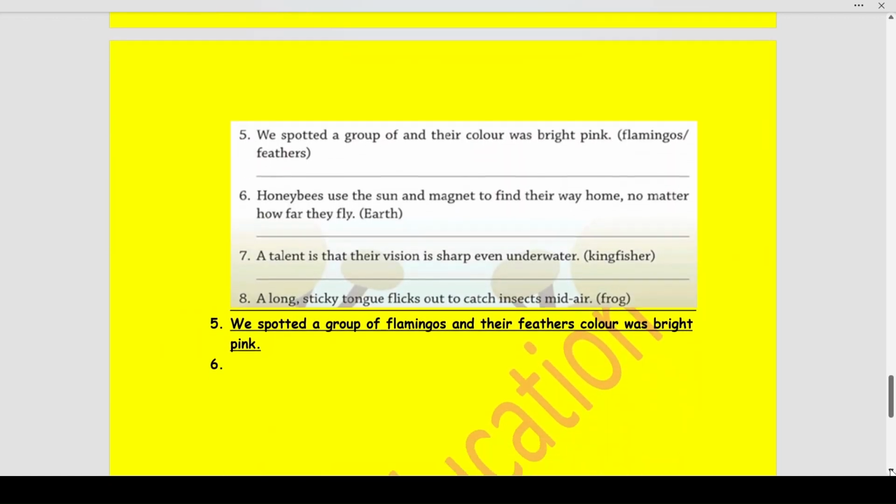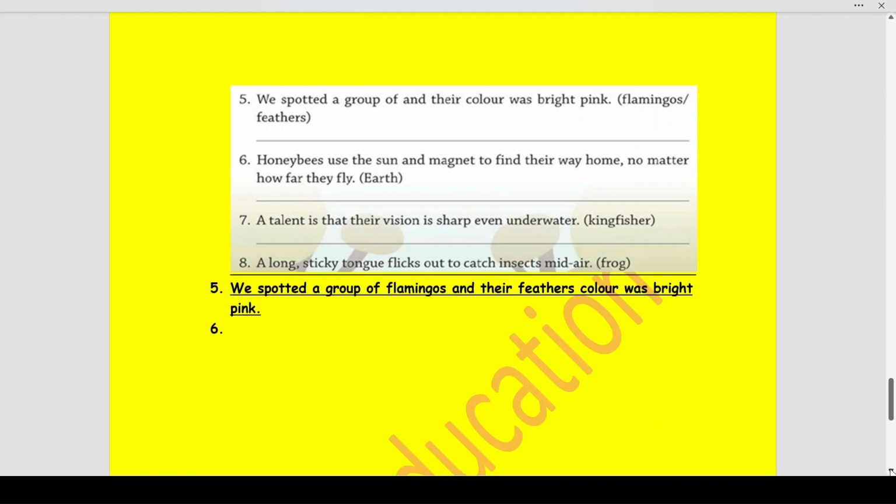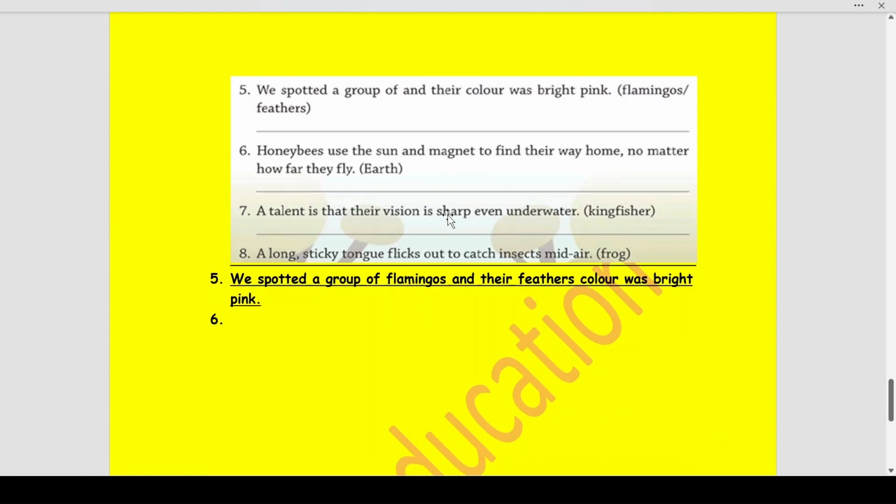We spotted a group of dash and their color was light bright pink. We spotted a group of flamingos. And their feathers' color was bright pink. You will have an apostrophe with this. Why?